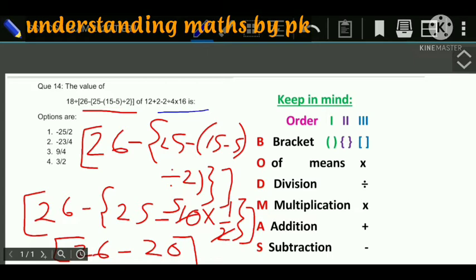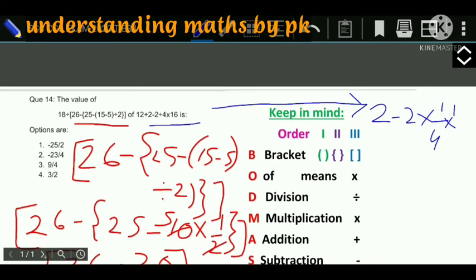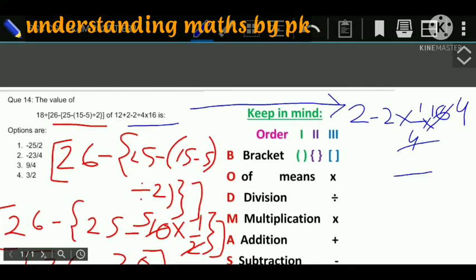Now 2 minus 2 divided by 4 means multiplied by 1 by 4 into 16. So this will be 2 minus 2 into 1 by 4 into 16, and this 4 will be divided 4 times.